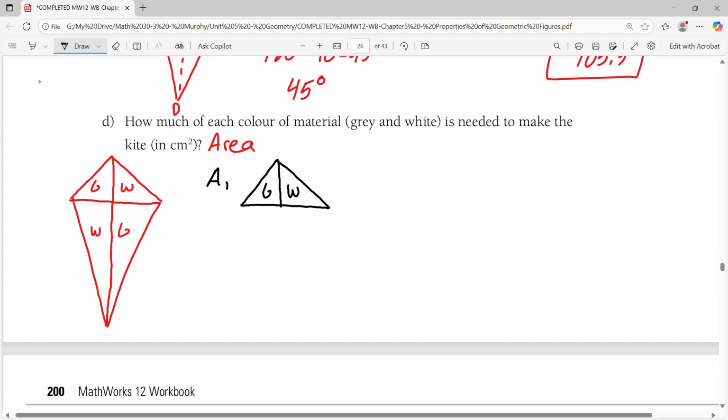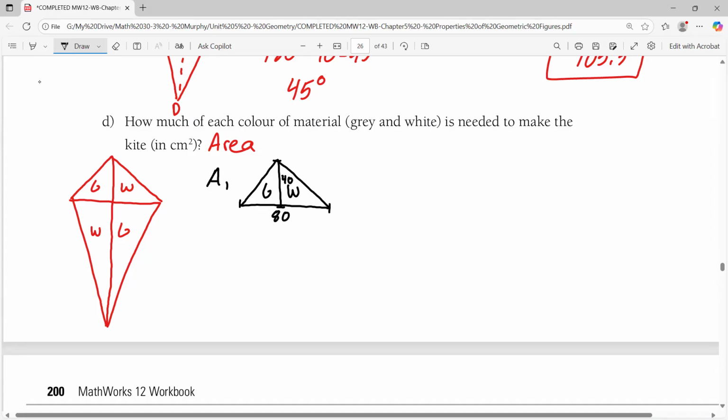Okay. And from some of the measurements above, the height of this thing is 40 and it is 80 across from here to here and 40 tall.